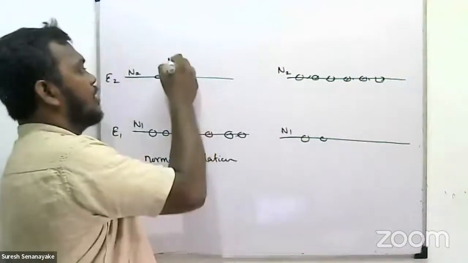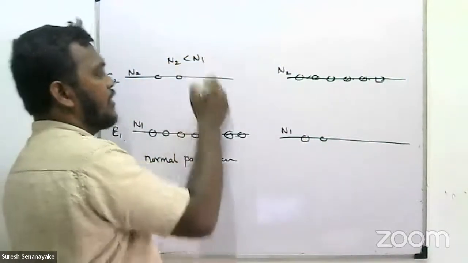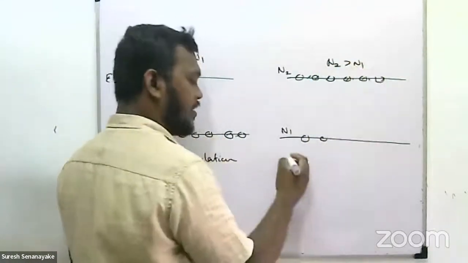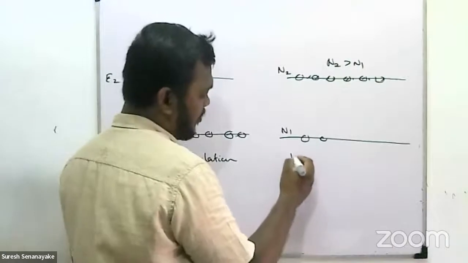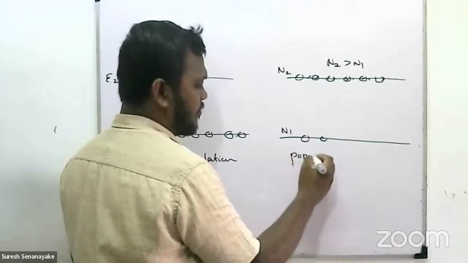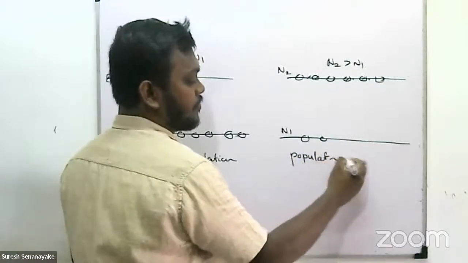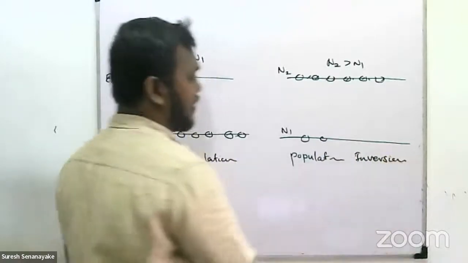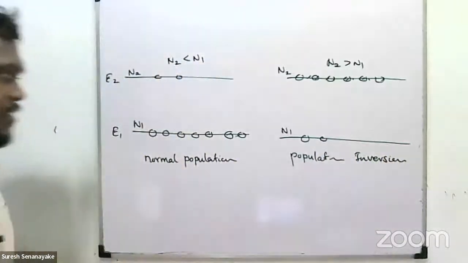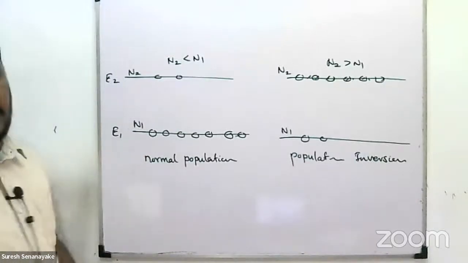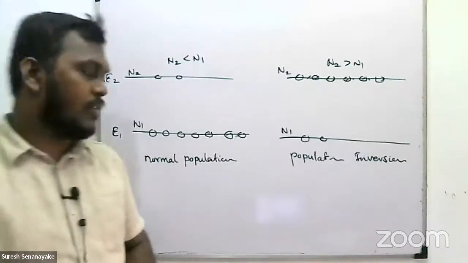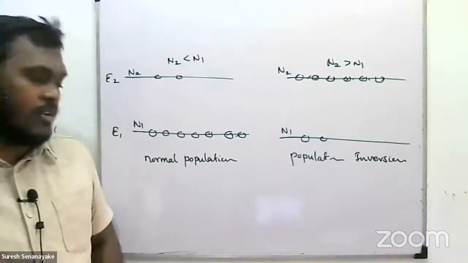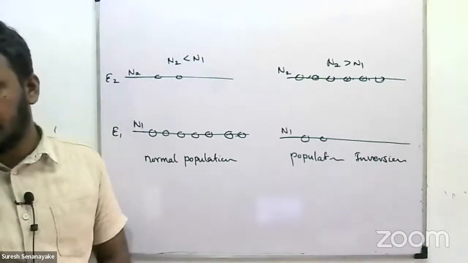Here N2 is less than N1, and in this case N2 is greater than N1. So this situation is called the inverted population or population inversion. If someone asks you what population inversion means, that is the higher state has more atoms than the lower state. That's a situation we call the inverted population or population inversion, right?